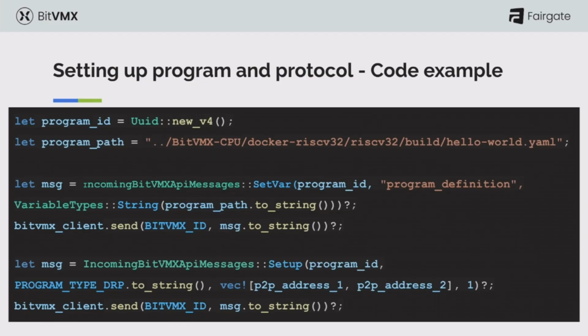Once we have that, we will send this to the bitbmx client. Now, when we do this, we only set up for ourselves. In order for this to complete, each participant has to call with the same message on their bitbmx node, and they will interact automatically, setting up the protocols when all signatures have occurred.